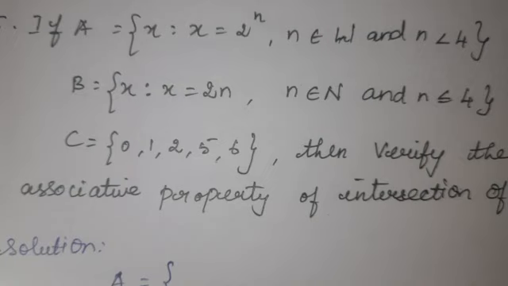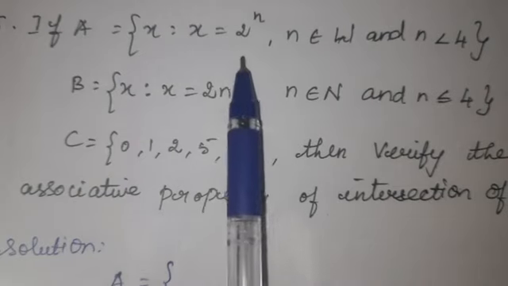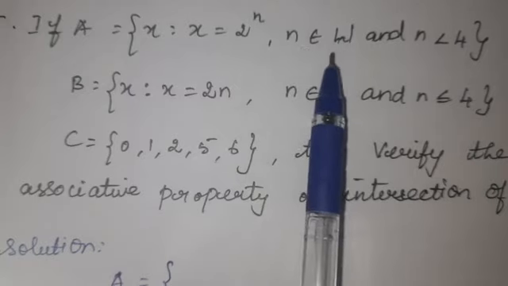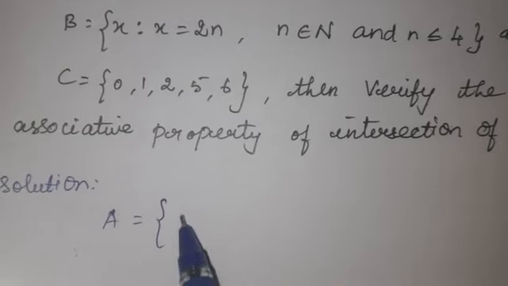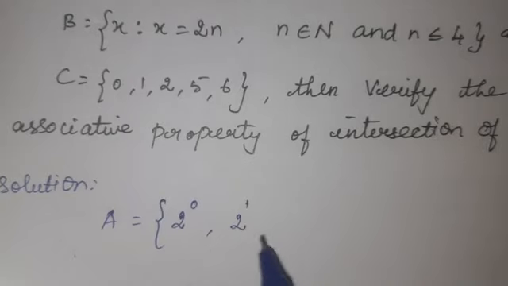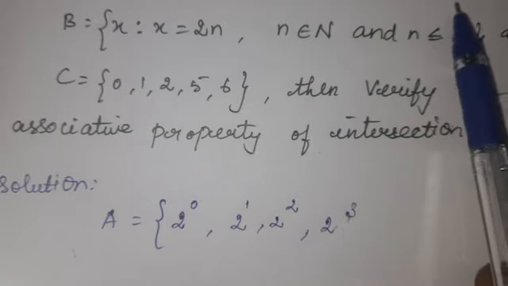In the question they gave A and B sets in set builder format, which should be converted into roster format. So A is equal to, the formula is given, x is equal to 2 power n, n belongs to W, so n starts at 0. That can be written as 2 power 0, 2 power 1, 2 power 2, 2 power 3, because the n values are given as n less than 4.